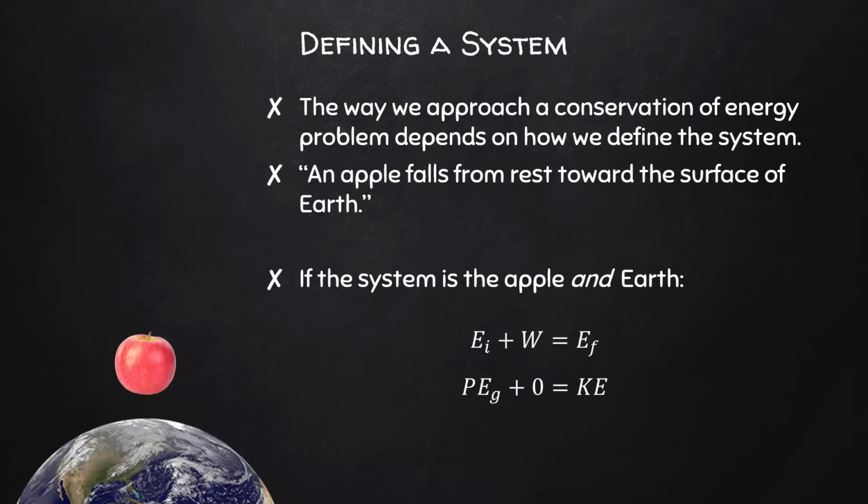And, as before, the apple is moving after it has fallen for a while, and so it ends up with some kinetic energy. The equation for gravitational potential energy, remember, is mg delta h, or Fg delta h, and the kinetic energy formula is 1/2 mv squared. I want you to notice that as long as we're careful, it doesn't matter how we define our system. We should end up with the same result either way.